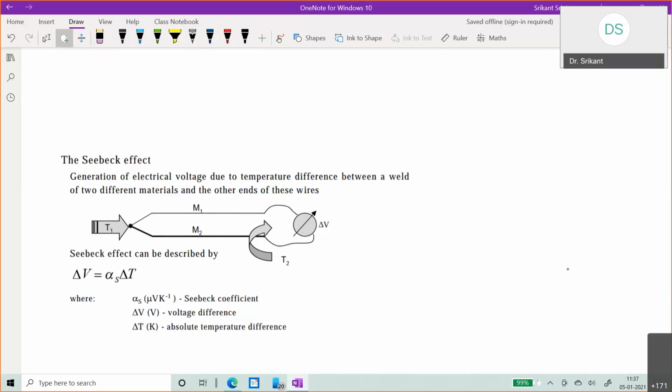Then I can measure some voltage, the Seebeck voltage, and that is given by this equation, which depends on temperature. That means there is a temperature difference between one end and the other end, and correspondingly it results in a voltage difference across the two ends, and that is related by some Seebeck coefficient. So we don't need to get into all this, just to let you know.